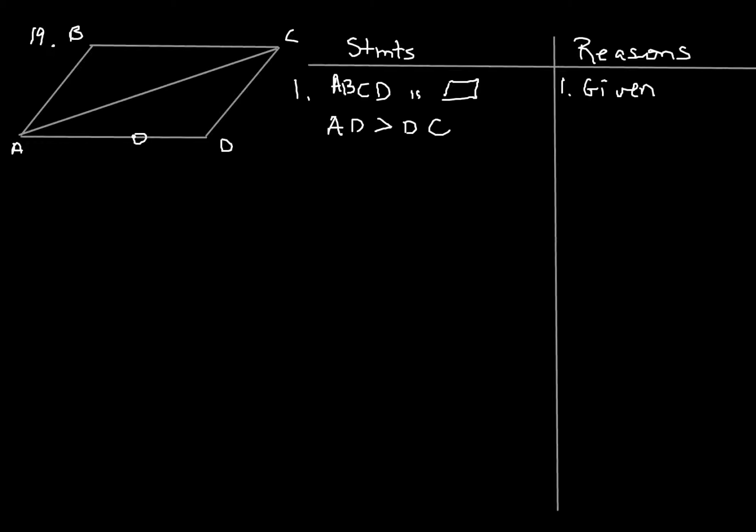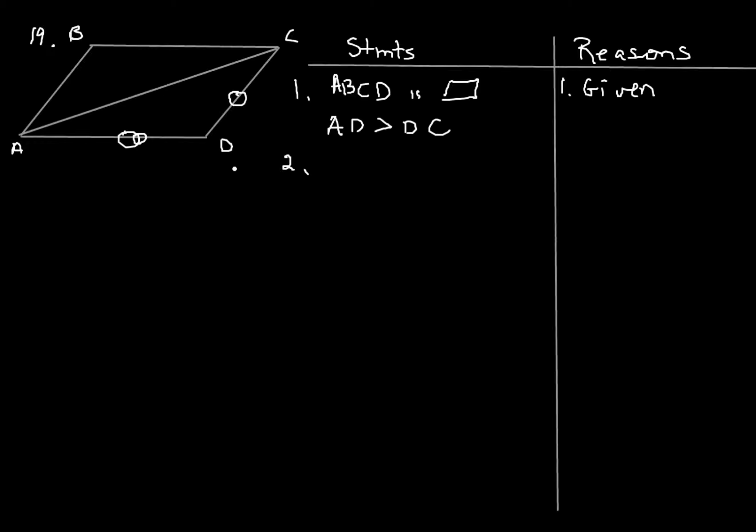I'm going to do my silly thing that I do, AD, DC. Kind of silly, but that's so you know AD is greater than CD. It's a parallelogram too, so we know all the things that are true about parallelograms. Opposite sides are congruent and parallel. Opposite angles are congruent. And we're going to be able to get alternate interior angles and all those kinds of things.